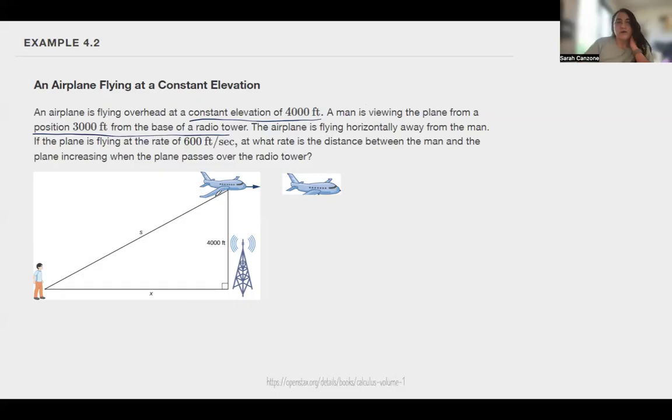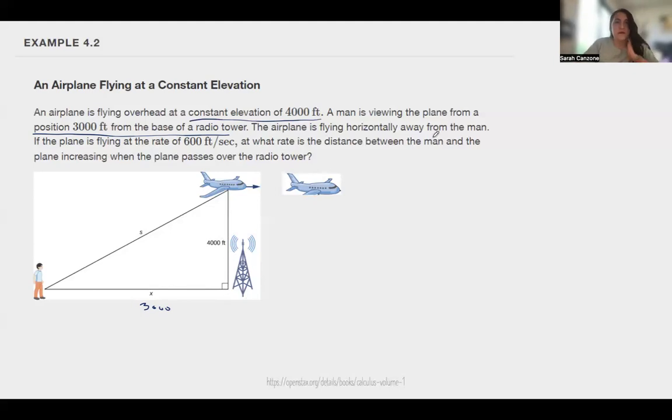All right. So we have a man, and he's 3,000 feet from the base of a radio tower. So we know this value here will be 3,000 feet since here's the radio tower. We know that the airplane is flying at 4,000 feet, which is above the ground. So if the ground is the X value here, then up here is 4,000, which is already written in here.